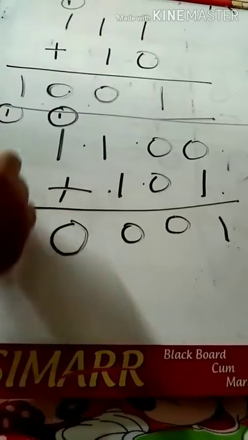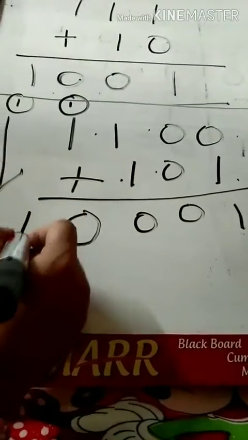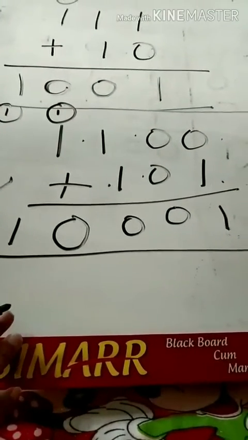So 1 plus 1 is equal to 0 and the carry is 1. There is no digit left, so we put the carry downwards. So this is the answer. This is how we calculate binary addition in the binary number system.